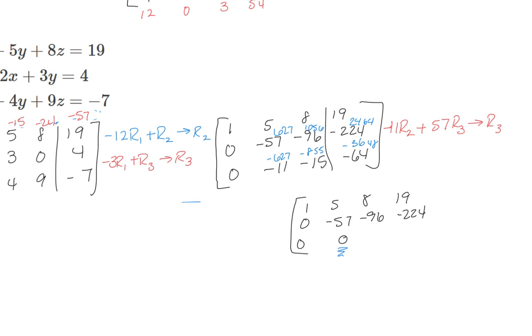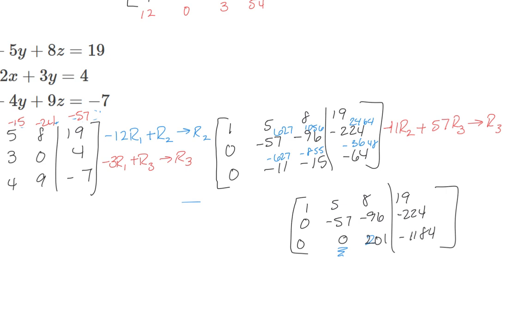And I get 201. And then the last row, I'm going to have the 2464 minus the 3648. This gives me a negative 1184.